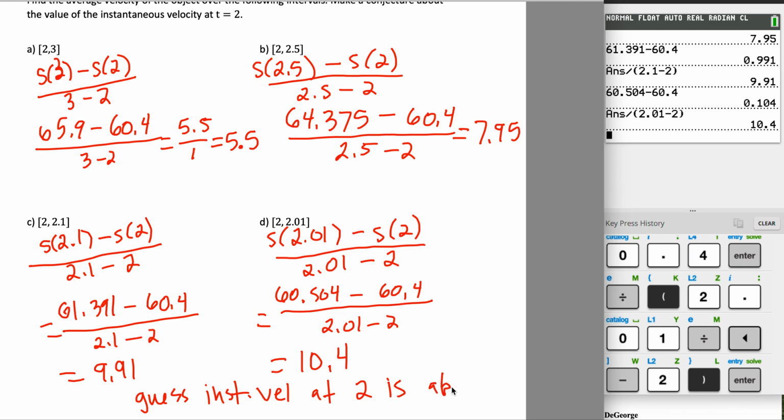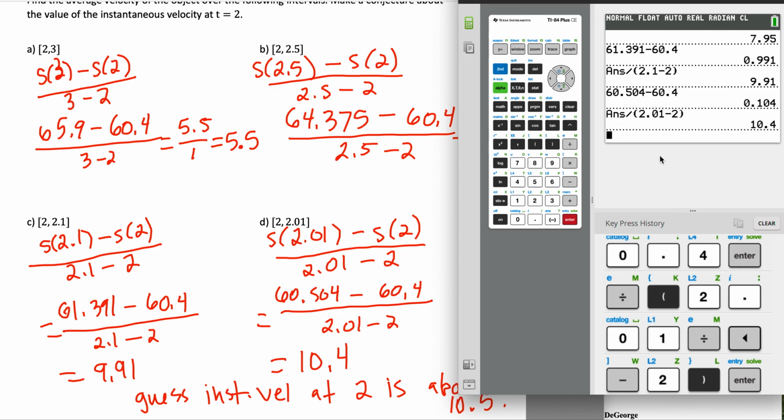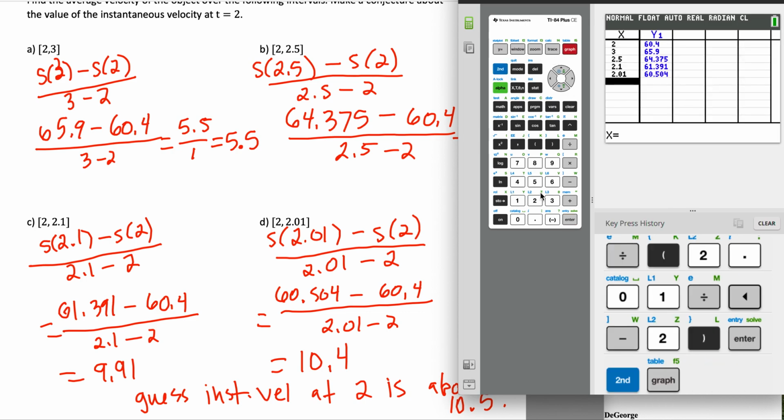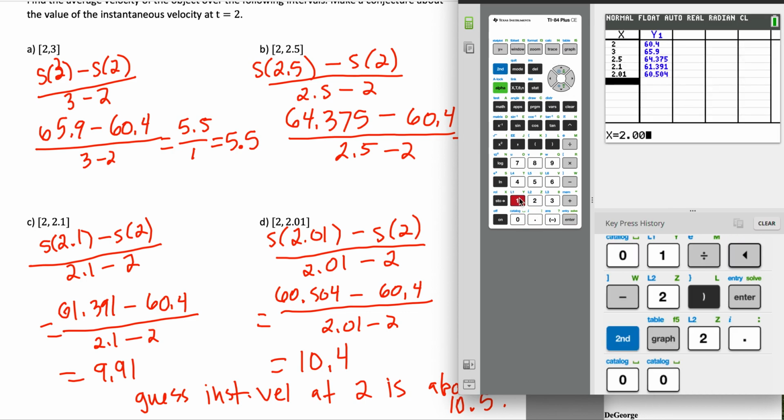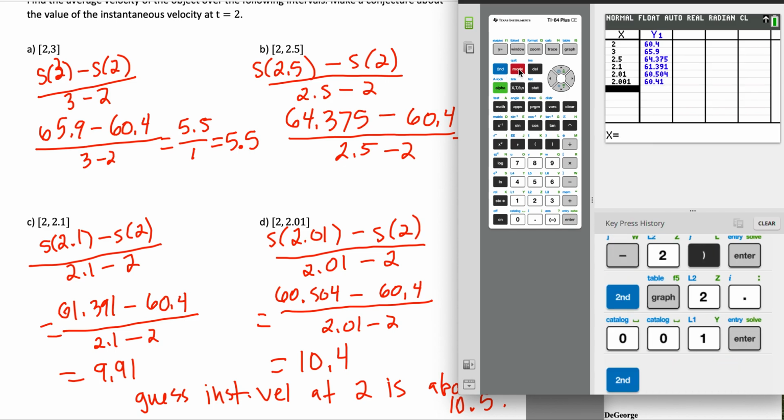And I'm going to say it's about, this was 10.4, right? So maybe 10.5. We could do a smaller interval. We could do 2.001. That's 60.41.